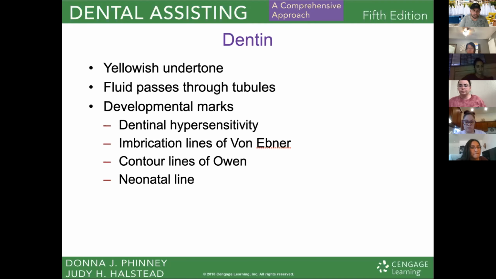And so if you were to use an air water syringe without anesthesia, it can cause your patient a lot of discomfort. Developmental marks are also apparent in dentin, as with enamel. A disturbance in a person's metabolism can leave noticeable stained lines, but the most pronounced is a neonatal line that occurs with trauma at birth. So these are just some of the developmental marks of the dentin.